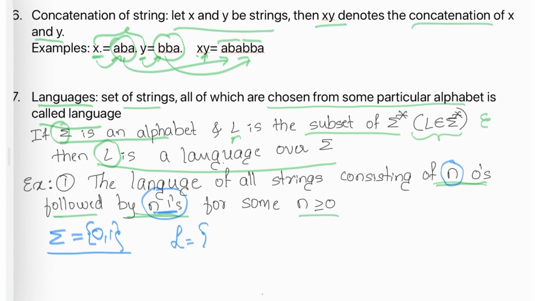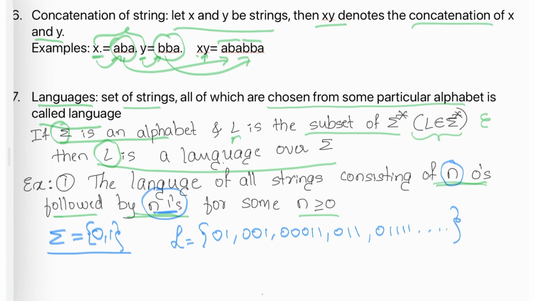So now the possible sets of combinations of zeros and ones will be like this: 01, 0011, 000111 or 01, 0011, 1111 and so on.